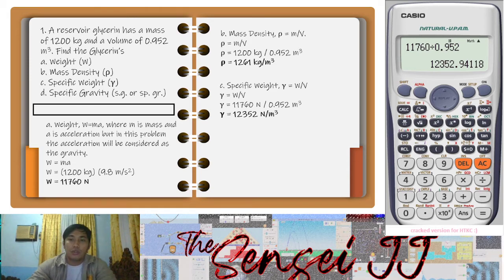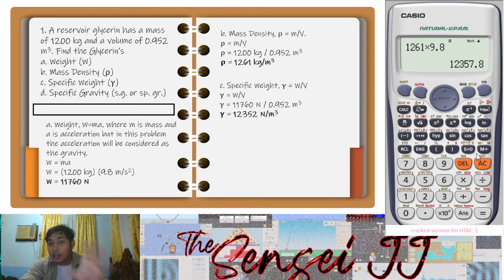So let's try to solve this one using our rho and gravity. We have a rho of 1,261 multiplied by 9.8. Okay, so they have a little discrepancy. So let's try to use 0.5.